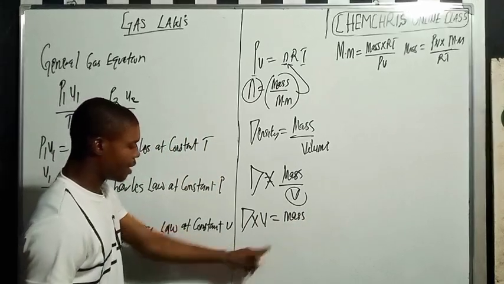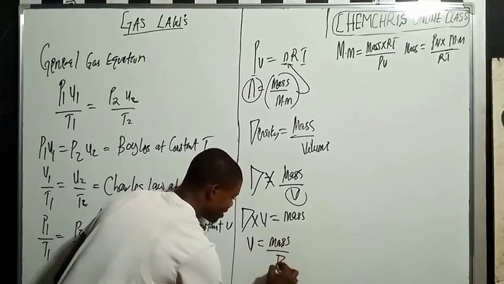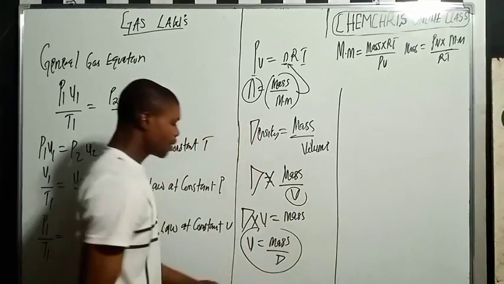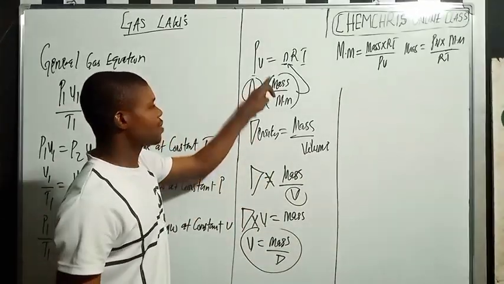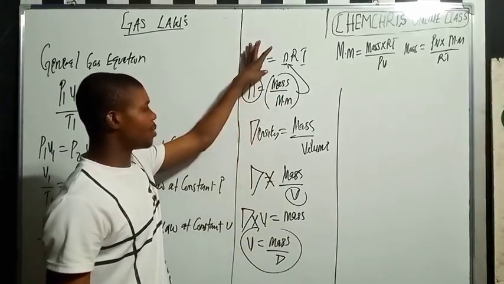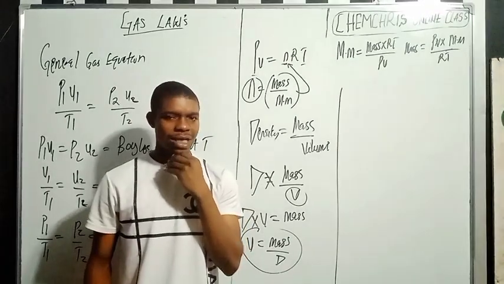Making volume the subject, V equals mass over density. Now I'm going to substitute n equals mass over molar mass and V equals mass over density into the formula here, and make density the subject. It's very easy.